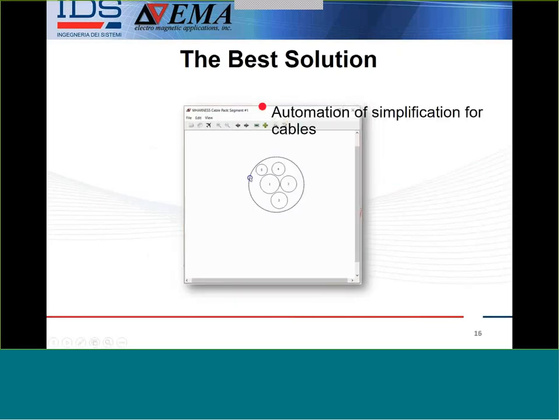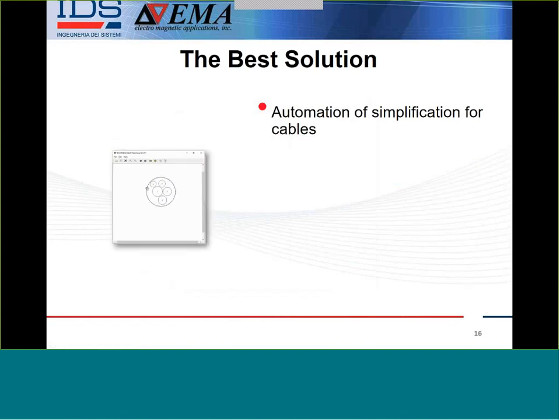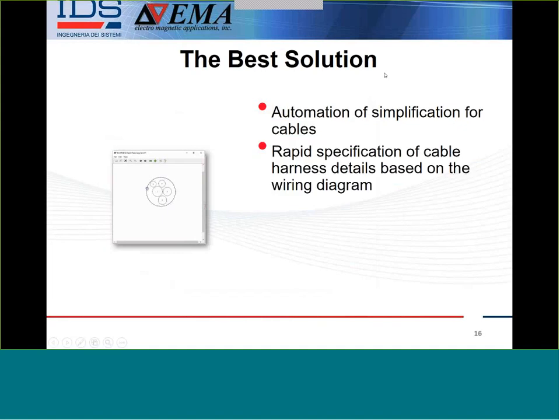So we think the best solution is the following, and we'll go through these steps. And when you see it, you'll see it feels like magic if you've been through this pain. So the first thing we want to do is automate the simplification of the CAD cables. We need to get them from a 3D description to a 1D description. So we have a start and end point for all the lines.